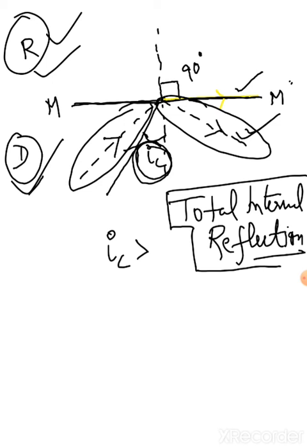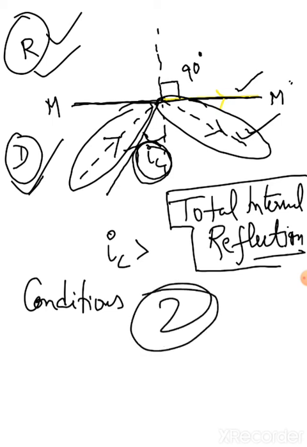Now you will see the conditions which are essential for total internal reflection. There are two necessary conditions which you have to fulfill to observe total internal reflection.